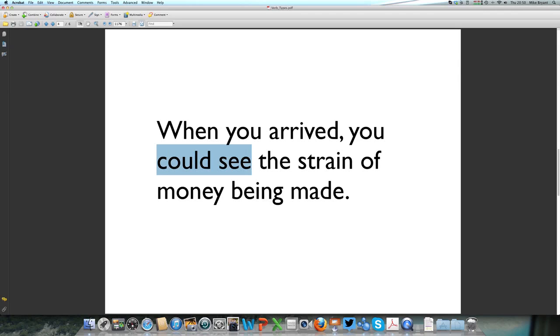And this is again contributing to the writer's idea of how much Cardiff has changed and engaging and intriguing the reader in Cardiff's history. "Could see" is what we call a verb phrase. It's more than one verb which expresses the idea of the event in the sentence. And we've got the main verb see, then we've got the modal verb could.